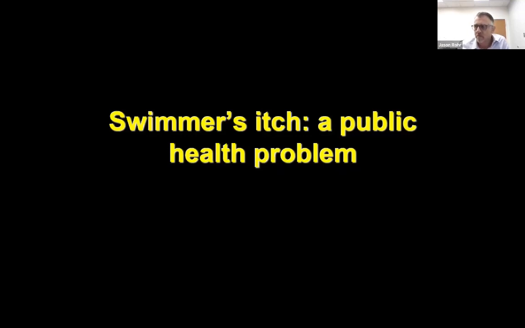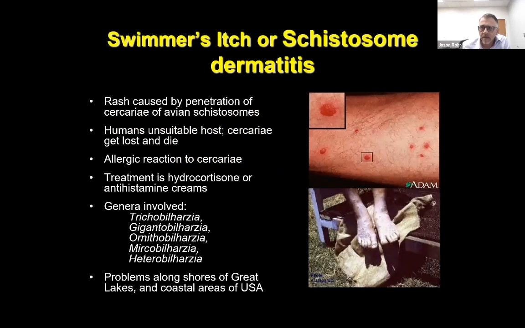You may not have heard of swimmer's itch, but it is a public health problem. It is associated with schistosomes that use birds as definitive hosts. And when those cercariae swim through the water and encounter the skin of a human, sometimes they try to infect the human host instead of the correct avian host.